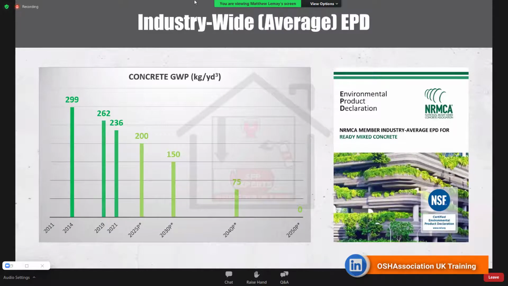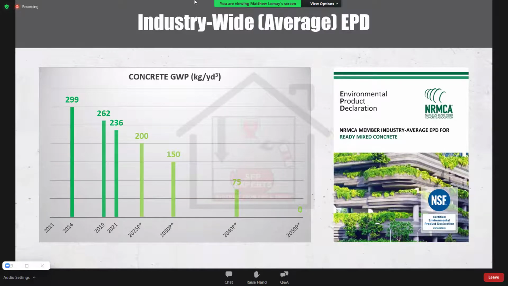Okay. For this next part, I am going to touch on the industry-wide or industry average EPD. This is an NRMCA publication that is distinct from, but a companion to, product-specific EPDs. Starting in 2014, we began publishing this industry average EPD for ready-mix concrete. It's an EPD based on a representative statistical sample of the entire ready-mix concrete industry.